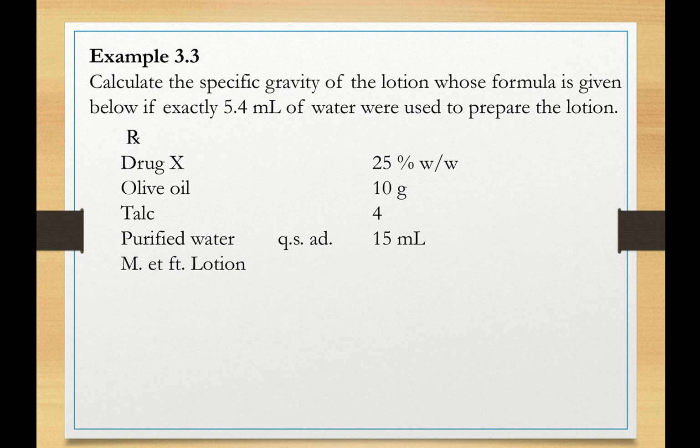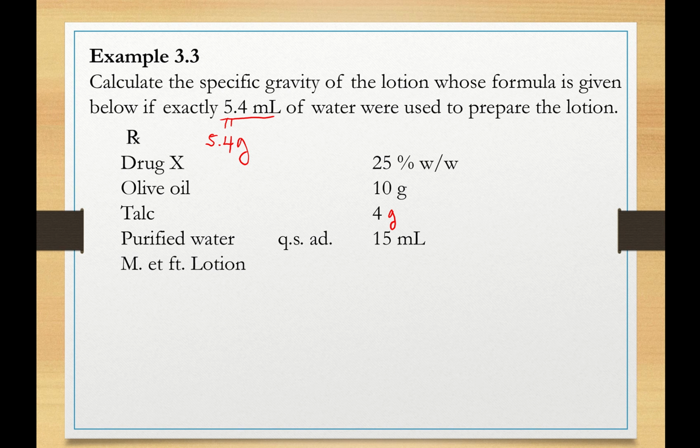We know how much olive oil we have in the formulation, that's 10 grams. We know how much talc we have, that's 4 grams. Purified water QS to 15 ml, but it says here that you are adding exactly 5.4 ml of water, and since the density is 1, that's equivalent to 5.4 grams of water. So I also know how much water I added.